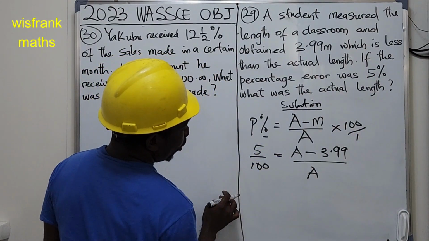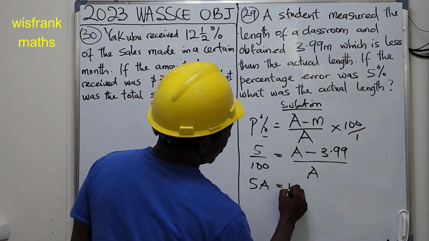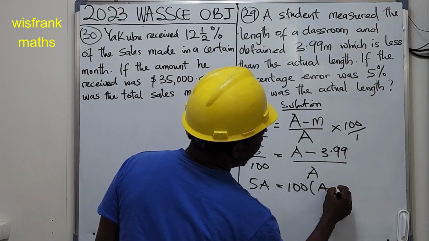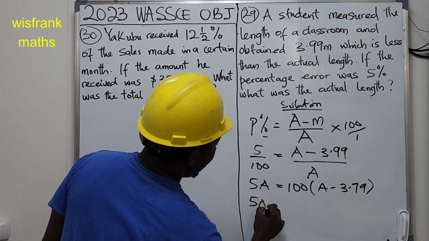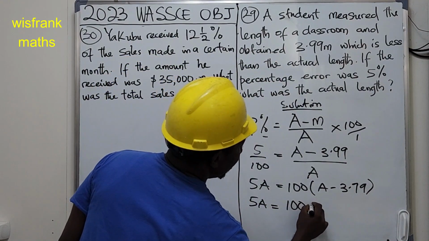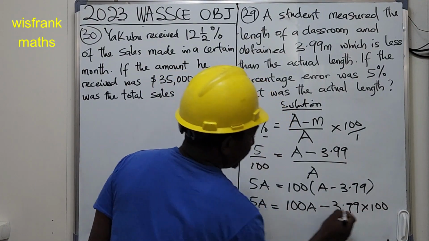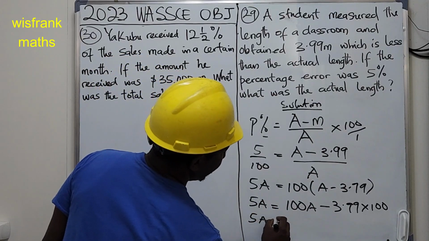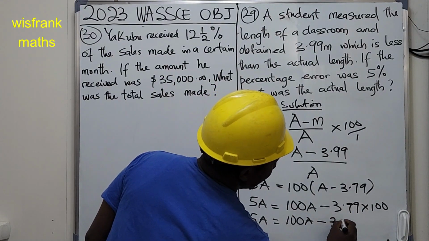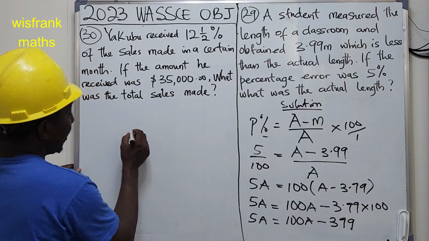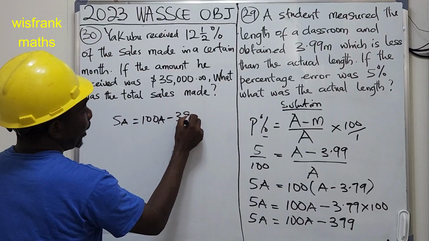So now we cross multiply, we have 5 times A equals 100 into A minus 3.99. This is the same thing as 5A equals 100A minus 399.